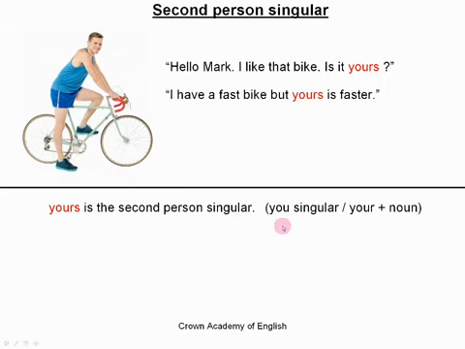And that refers to you when it is the personal pronoun, and your plus noun when it is the possessive adjective. Okay? So it has an S on the end, but remember, we always use the same possessive pronoun for a singular noun and a plural noun.